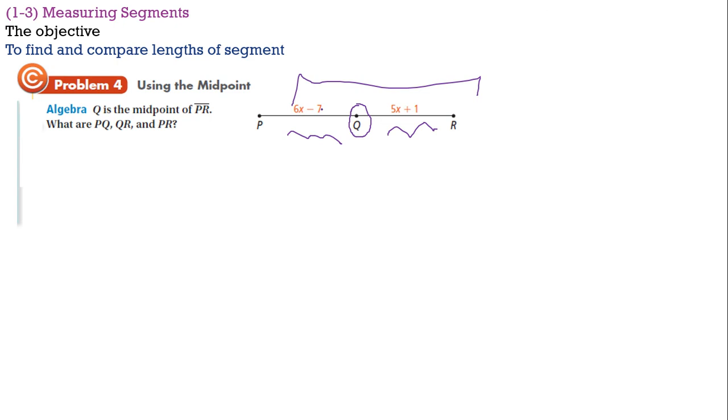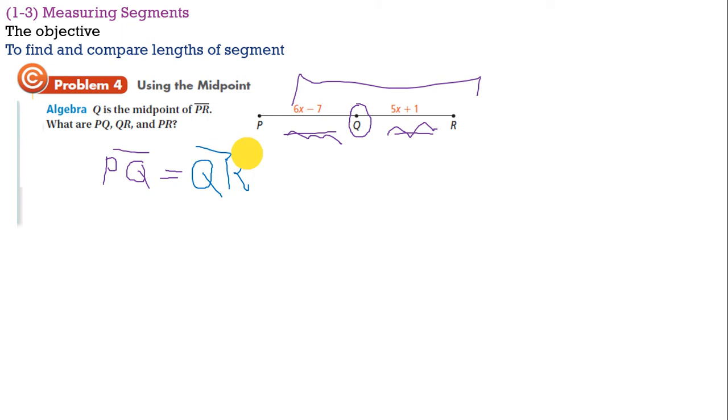Since I know that this part is equal to this one, that's what they gave me. Let's analyze the question. PQ is equal to 5x plus 1. I'm going to write the letters first, so that is equal to QR.